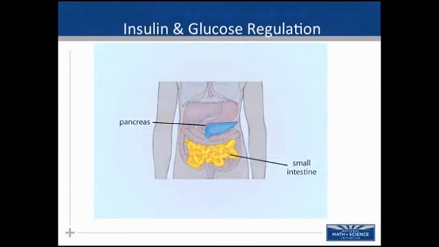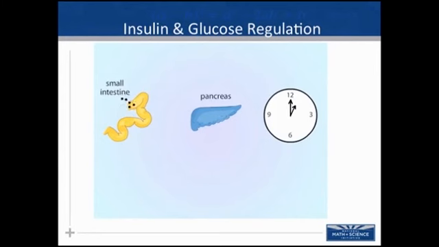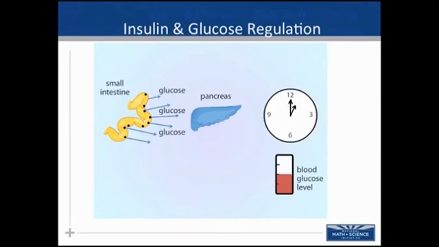After a high carbohydrate lunch, like a plate of spaghetti, polysaccharides are digested into monosaccharides. Monosaccharides, such as glucose, are absorbed by the small intestine and released into the blood. Increased levels of blood glucose signal the pancreas to secrete insulin into the bloodstream.